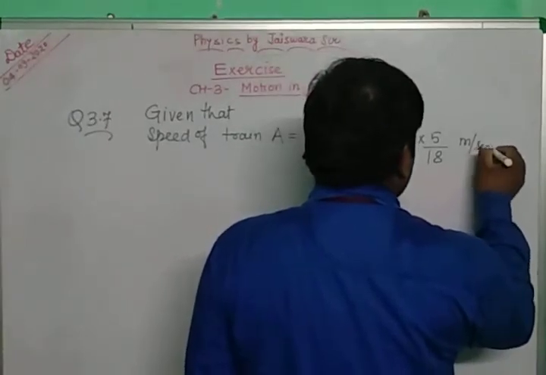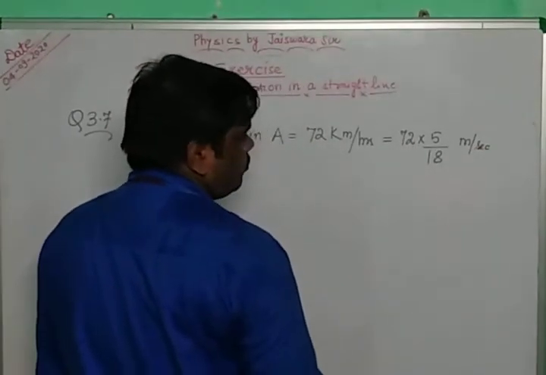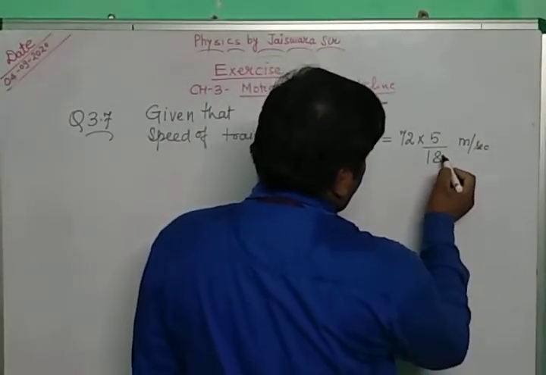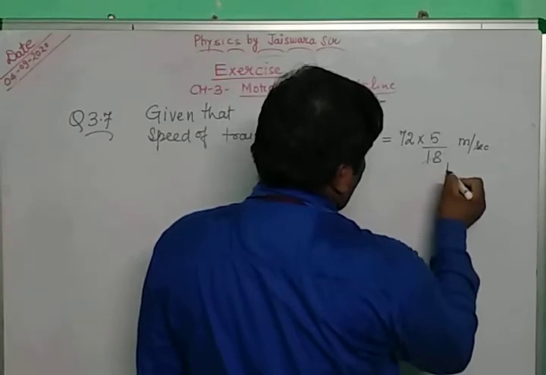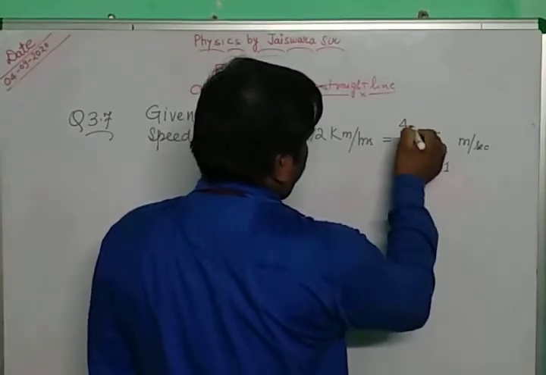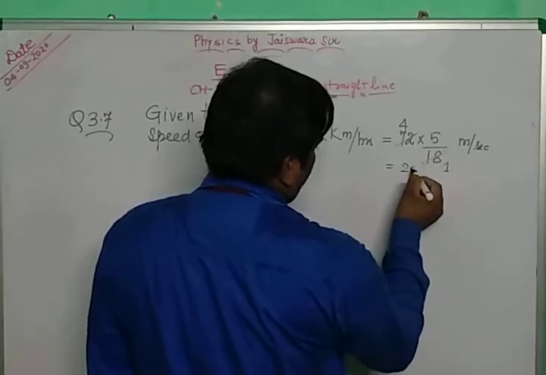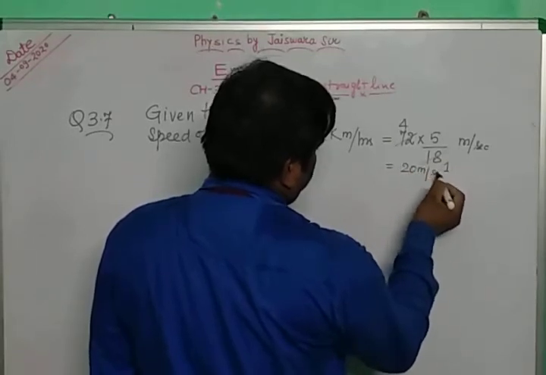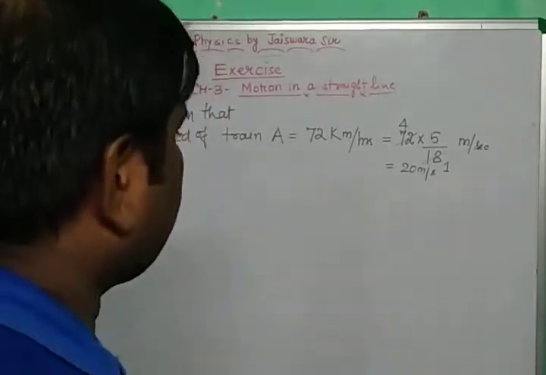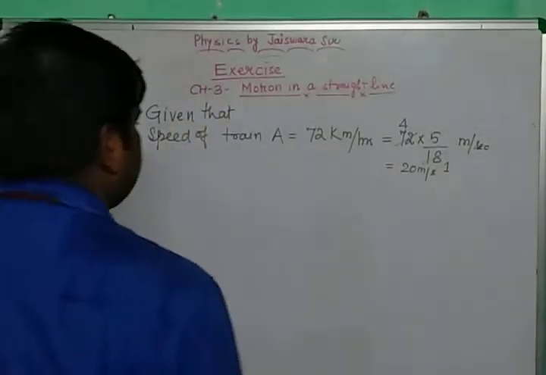So let us simplify this. 18 into 4 is 72, so it will be equal to 20 meter per second. This will be the speed of both the trains.